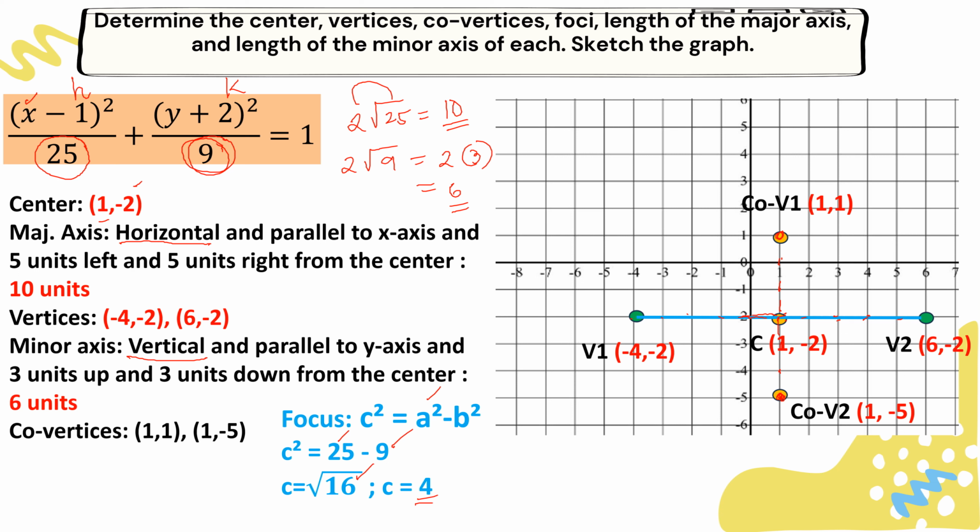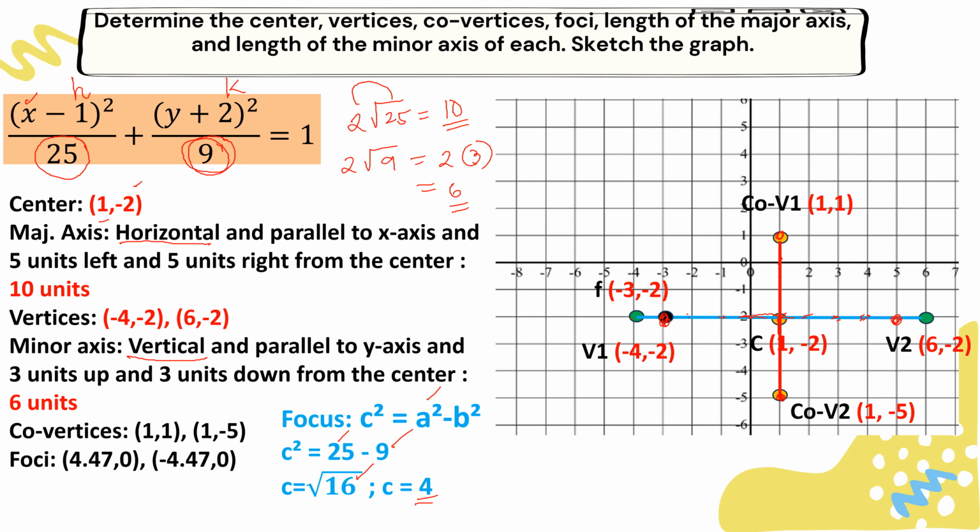So we move 4 units from the center, horizontally, because our major axis is parallel to the x-axis. 1, 2, 3, 4, there is our focus 1. 1, 2, 3, 4, there is our focus 2.